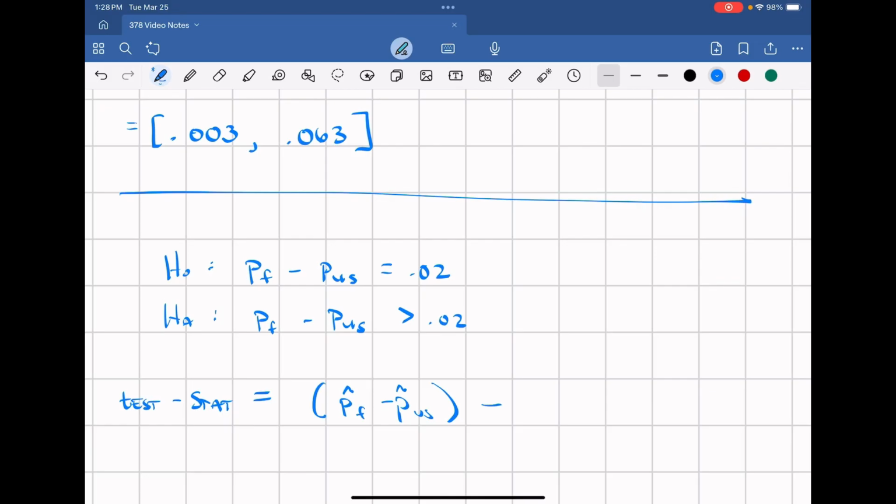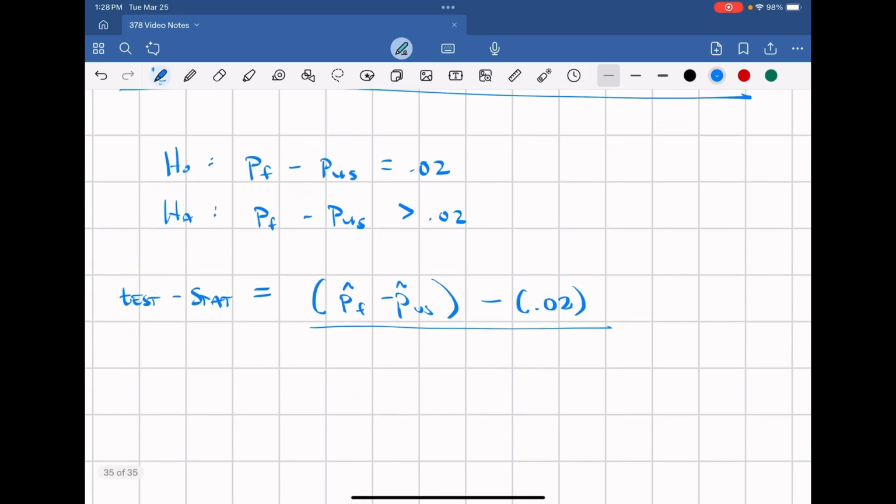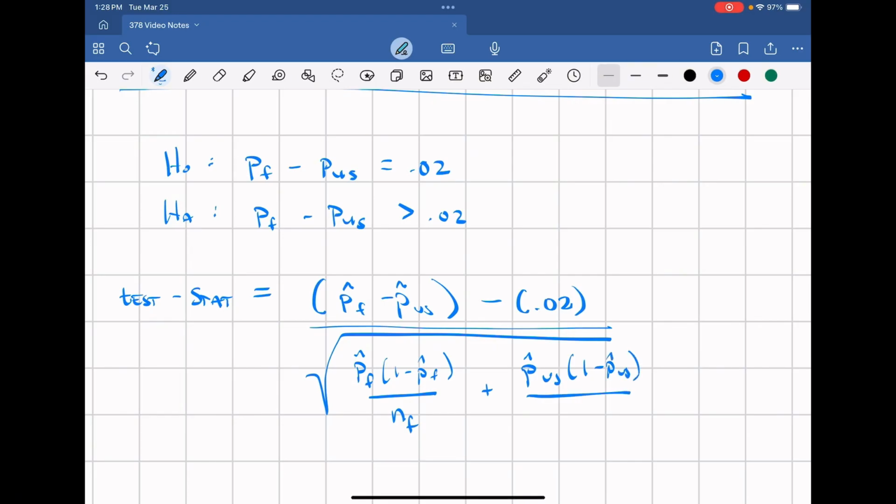That's our sample, minus our population value, which in this case is 0.02, divided by the square root of PF hat times 1 minus PF hat over NF, plus P hat US times 1 minus P hat US over N US. So a pretty gnarly number, and we can plug in what we have for that.